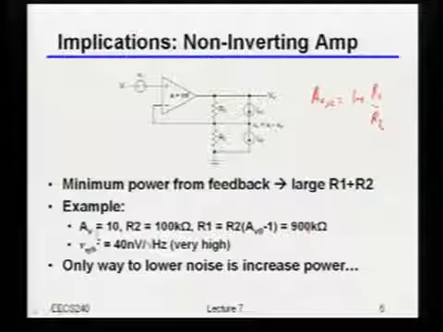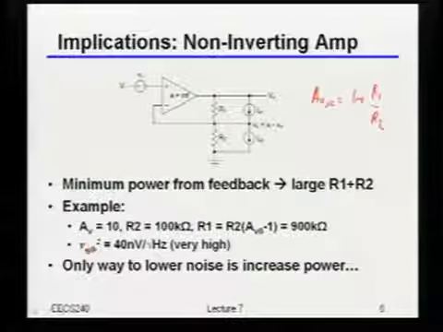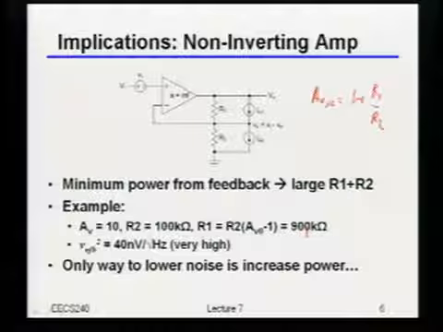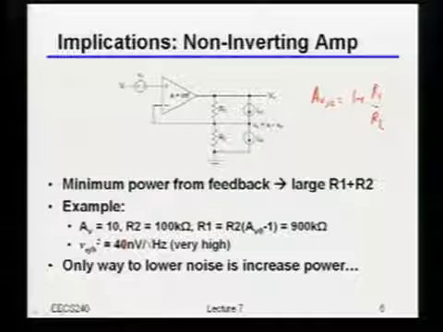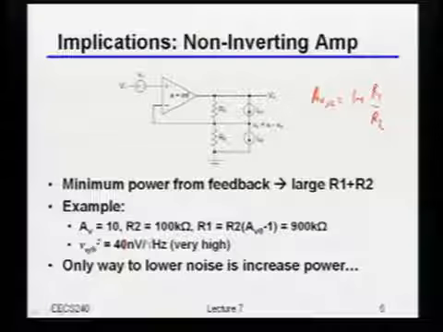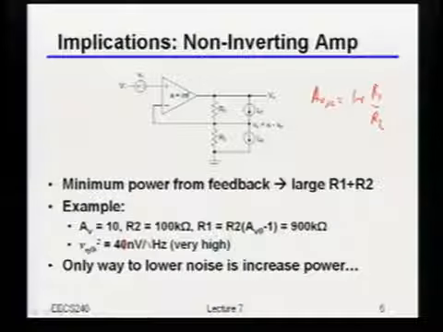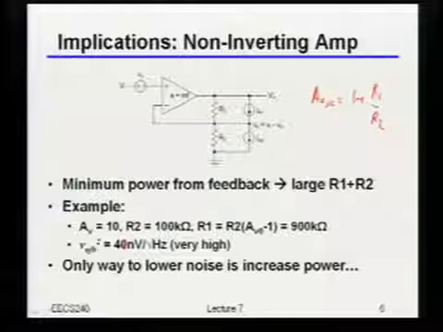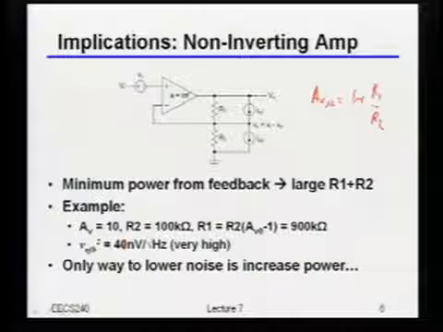So now from a voltage noise standpoint, I'm just going to get 100 kilo ohms in parallel with 900 kilo ohms. And that's going to turn out to be about 40 nanovolts per square root hertz. Okay? Just in case you guys don't remember, that's a pretty big number. So if I looked at, let's say, the voltage noise I had from a 50 ohm resistor, that's something more like a nanovolt per square root hertz. Right?